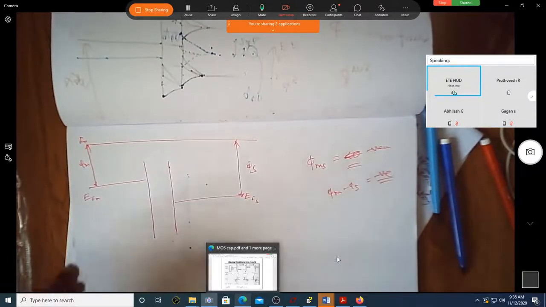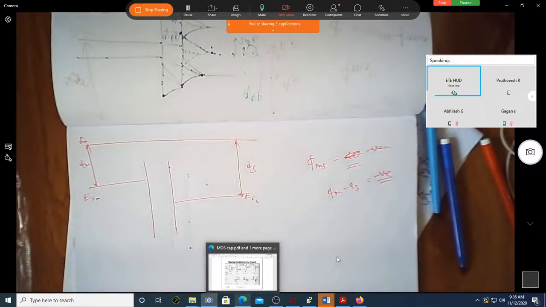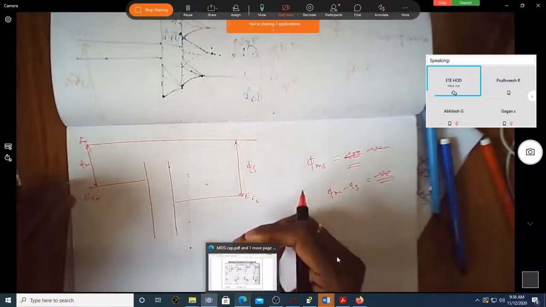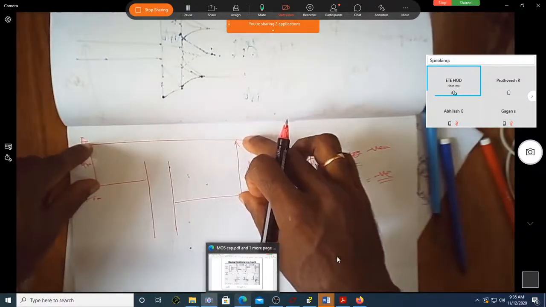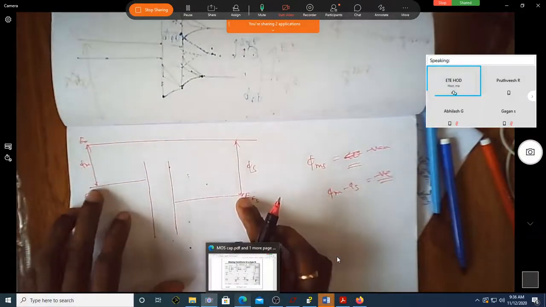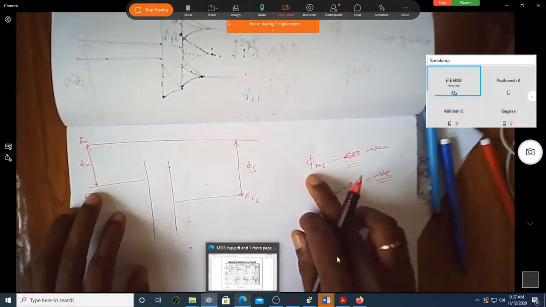There are n number of materials. Each material will have a different work function. In such case, they always choose a material whose work function is almost the same as the semiconductor. There should not be any work function difference. They have to be same. In such case, phi ms becomes 0.